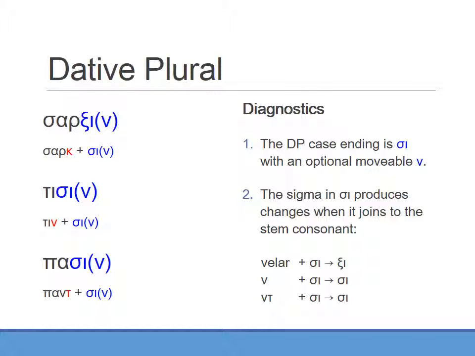So both the nu and the tau drop out in pant, and so the dative plural becomes pasi. So our two problem ones, the nominative singular and the dative plural, behave similarly because all of the changes are occasioned by the addition of a case ending that starts with sigma, which has an effect on the stem consonant. Dative plural case ending -si with a movable nu.